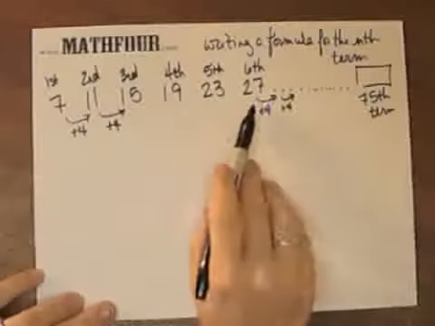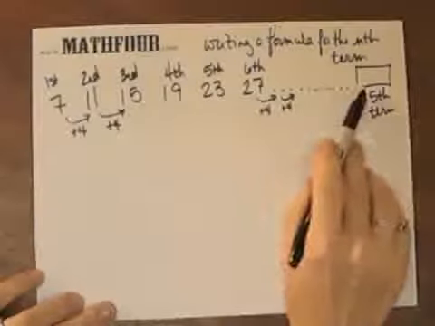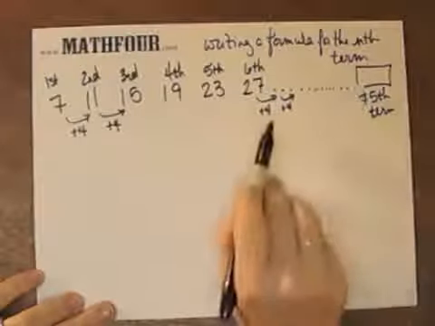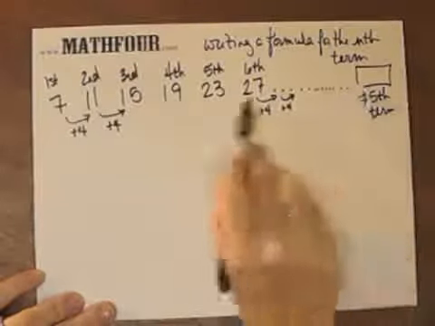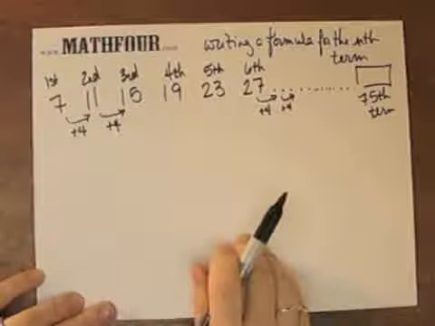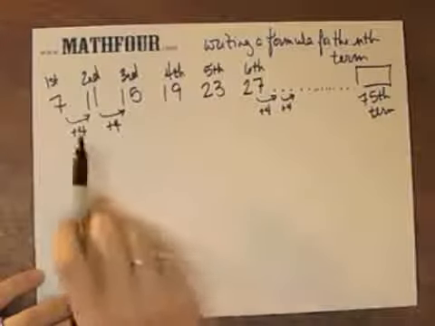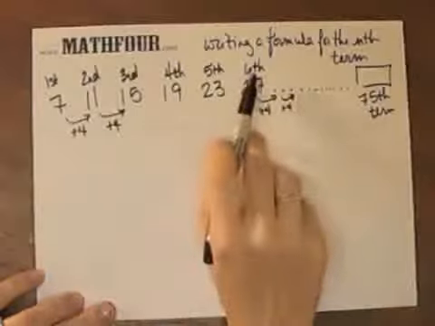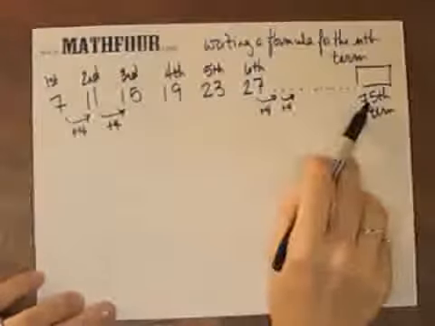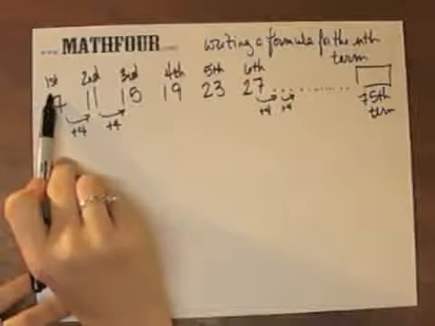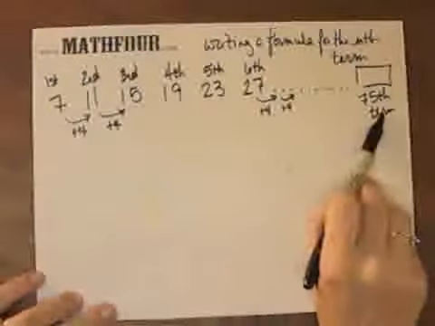So I need to figure out how many spaces in between and maybe multiply those spaces by 4 and then add those. That's a possibility. I can do something, well, this is from the 6th to the 75th. What if I started with the 1st and went to the 75th?